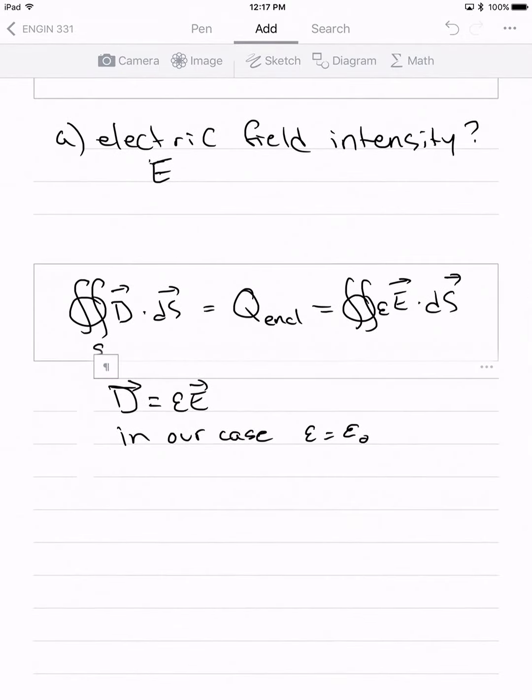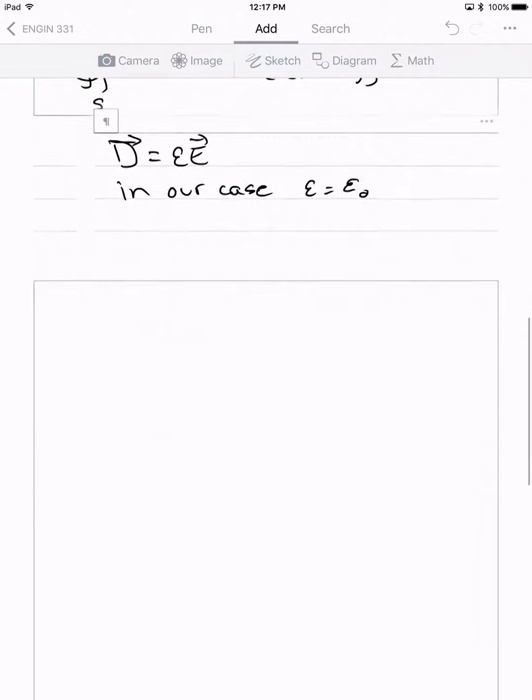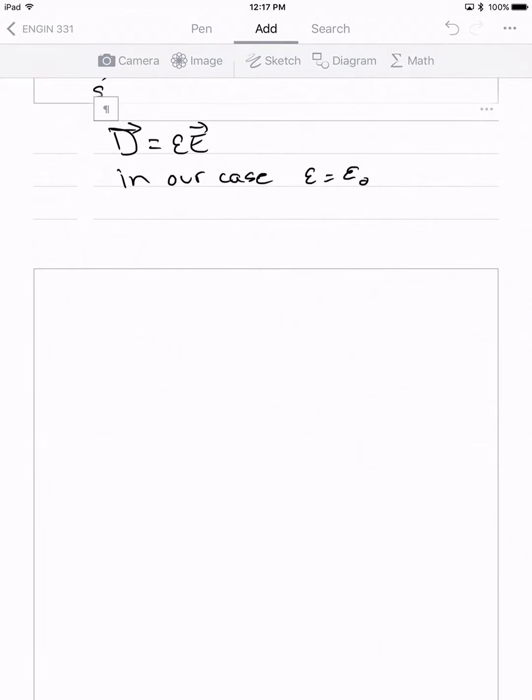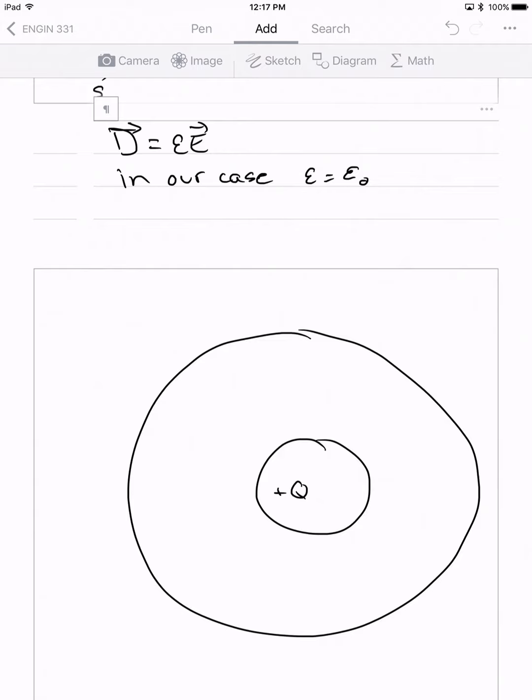Our first step towards applying Gauss's law is to choose a Gaussian surface. This is our cross section of our line. We have a plus Q charge assigned to the inner conductor, a minus Q charge assigned to the outer conductor. What should be our Gaussian surface?